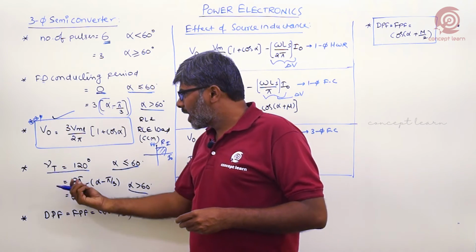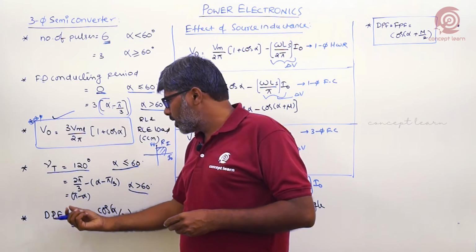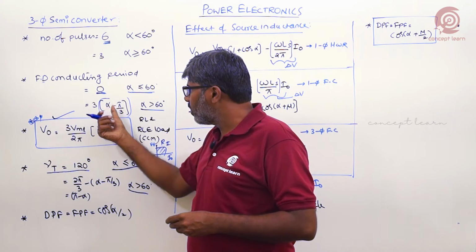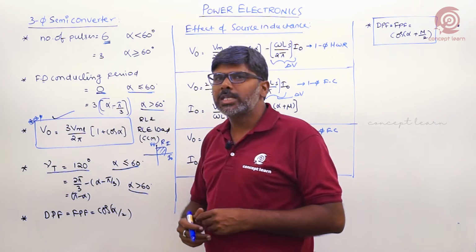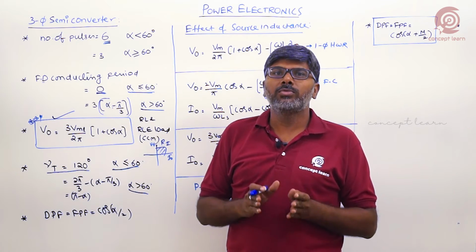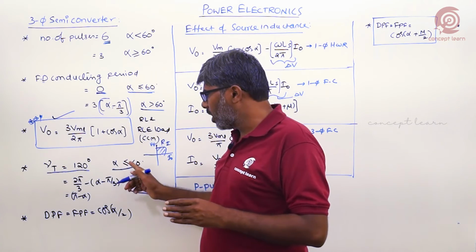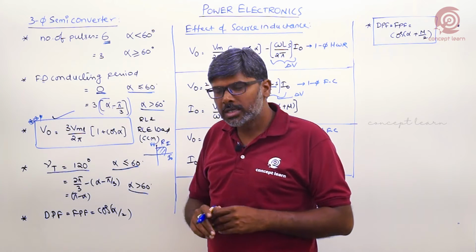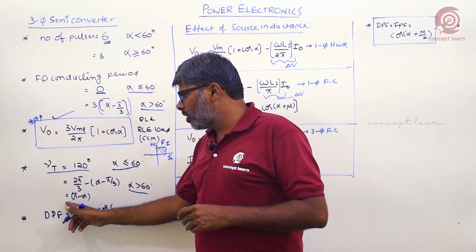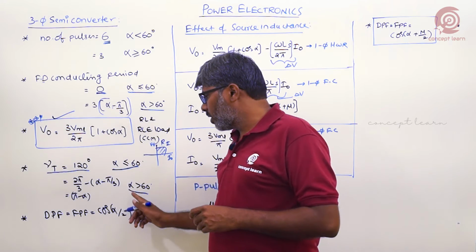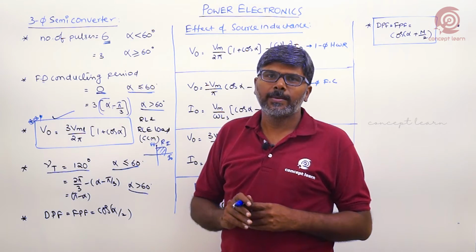So what is the conducting period of the thyristor or diode here? Basically it is 120 degrees minus this (alpha minus pi by 3), which gives pi minus alpha. So the conducting period of the thyristor is 120 degrees or 2 pi by 3 radians when alpha is less than or equal to 60 degrees. The conducting period of thyristor or diode is pi minus alpha for alpha greater than 60 degrees.